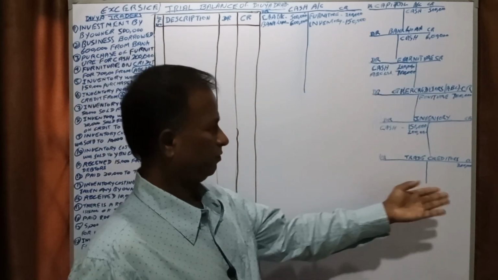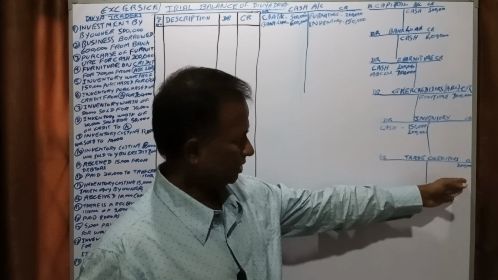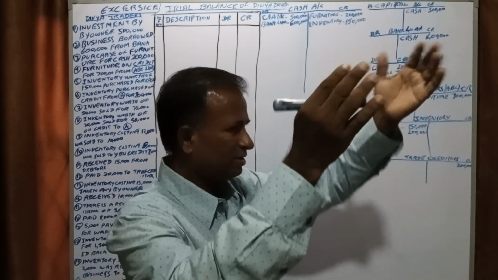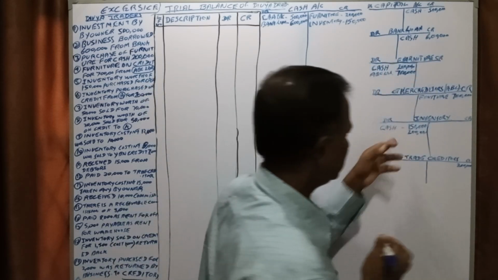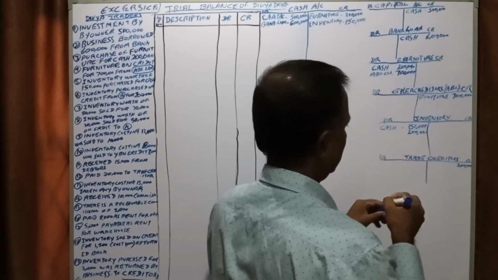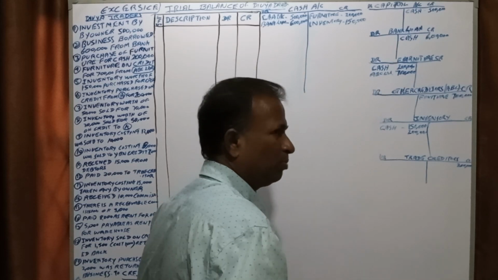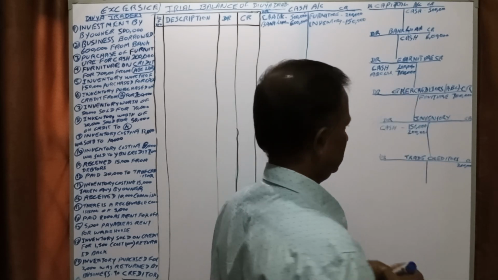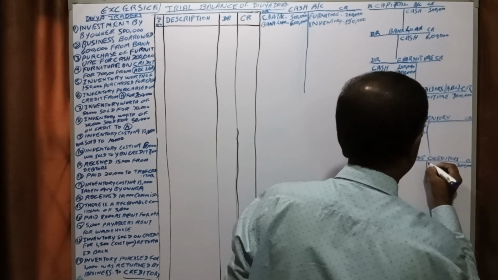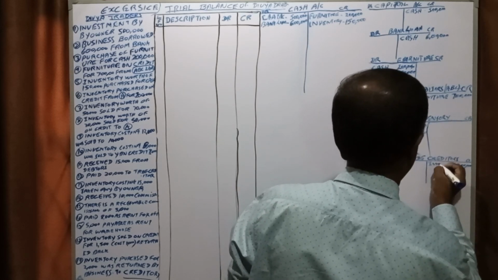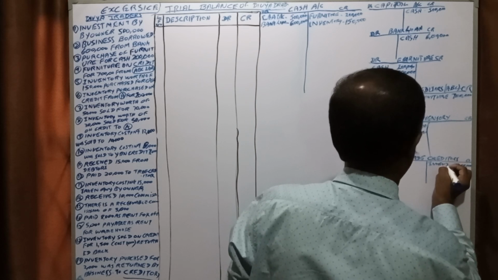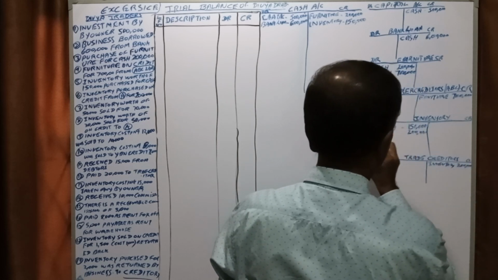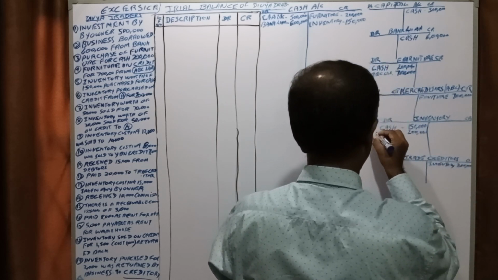We have purchased 200,000 worth of inventory on credit. Inventory is coming into the company, so it is debited, right? And we have to pay for this in future, so this is creditor. Okay, then here you say inventory. Here you say trade creditors.